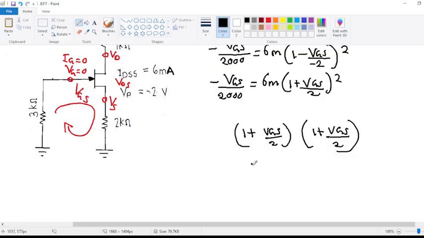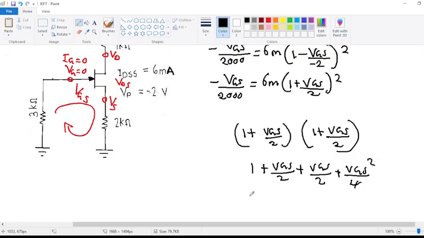We have a 1. 1 times VGS over 2, that's plus VGS over 2, plus VGS over 2 times 1, we have VGS over 2. VGS over 2 times VGS over 2 plus, so it will be VGS squared over 4, because VGS times VGS, that's VGS squared. 2 times 2, we have a 4 there.